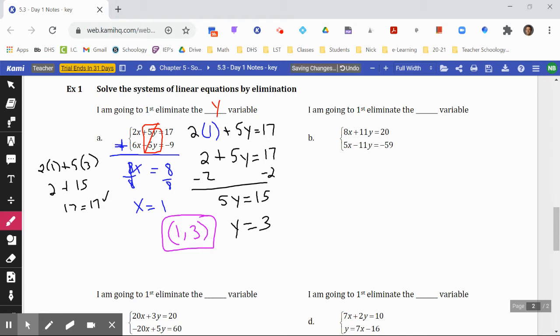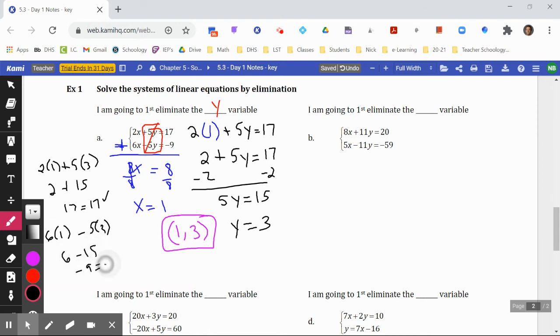I'm going to do the same thing for my second equation here, right? 6 times 1 minus 5 times 3, right? That's 6 minus 15. Yep, that gives me negative 9. So it checked out. All right, let's go ahead and look at example B here.